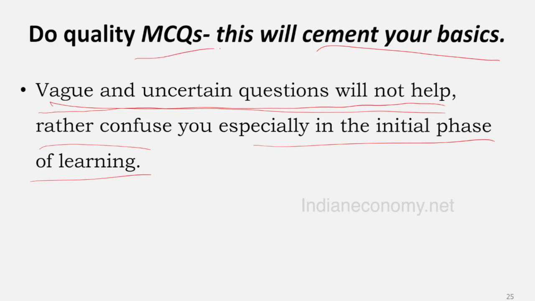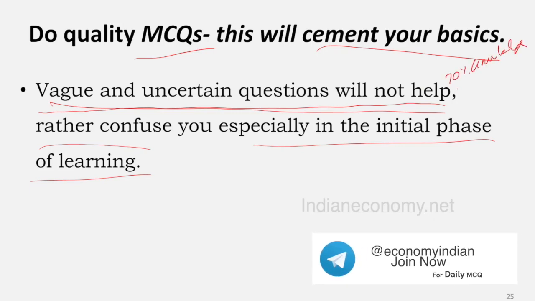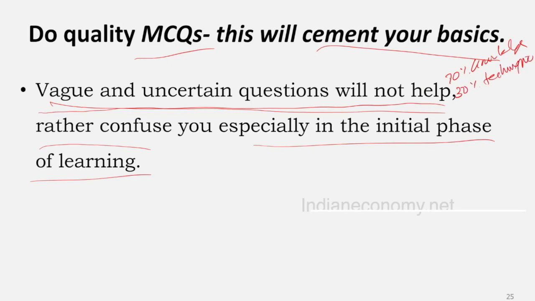Similarly, I may suggest that for doing an MCQ, it is 70% knowledge and 30% technique. When you are doing an MCQ, you will be learning this technique. Technique is very important to sort out a question. It's not just about the knowledge.